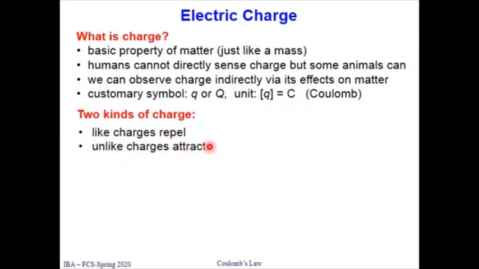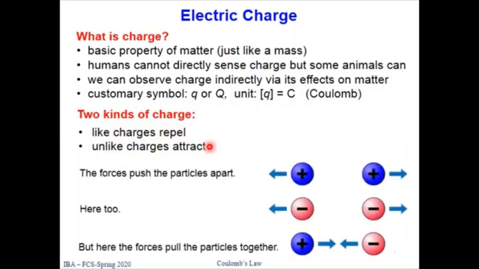And these interactions can be more clearly understood by the following picture. If two charged particles, either positive or negative, are brought near each other, they each exert an electrostatic force on the other.